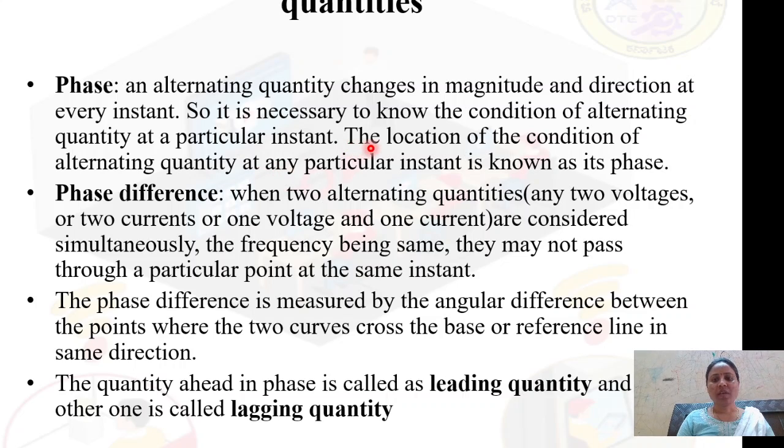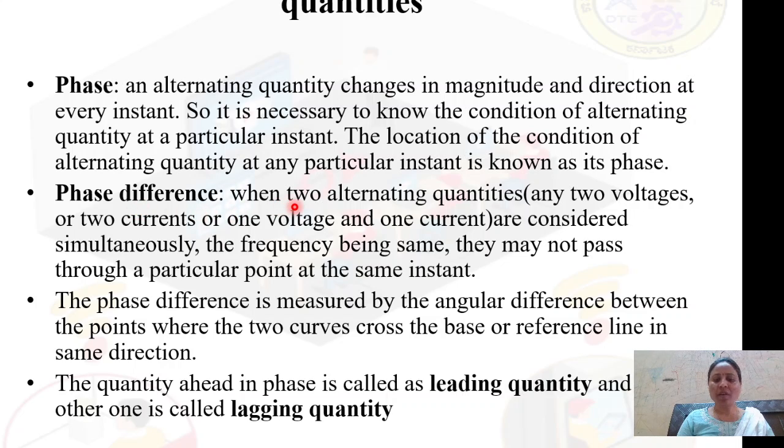The location or status or condition of the alternating quantity at any particular instant is known as its phase.